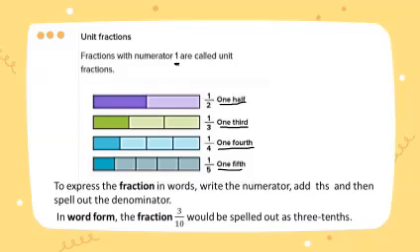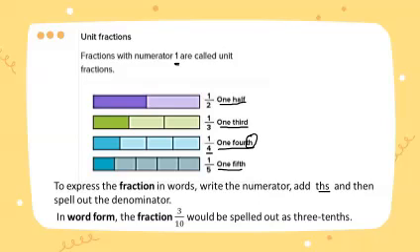Then one fifth, one sixth. So what we are going to learn is that when I want to express a fraction in words, we write the numerator, then we add TH or THS to the denominator. Look at this here: instead of saying 4, we say fourth, so here I have TH.